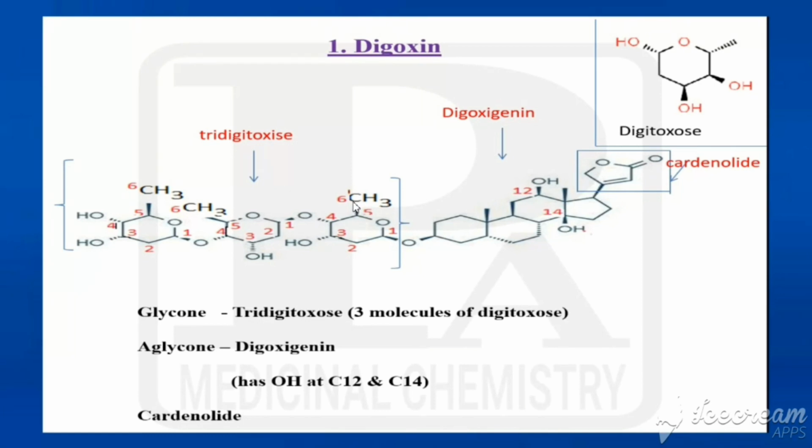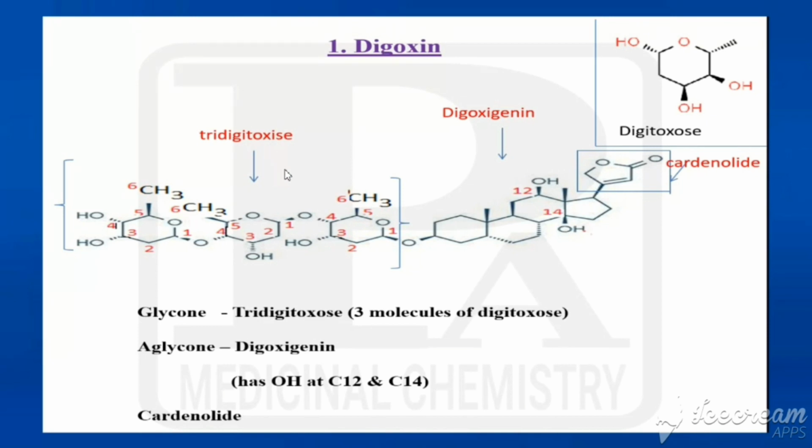What is attached at the 5th position? The 6th position is methyl. So that is called digitoxose. Here the 4th position is connected with the first position. Already the first position of the first digitoxose is connected with C3 by means of a glycosidic linkage, and the 4th one is connected to the first position of one more digitoxose. Then that 4th position would be connected with the first position of one more digitoxose. That's all. Or simply you can write it as tridigitoxose.